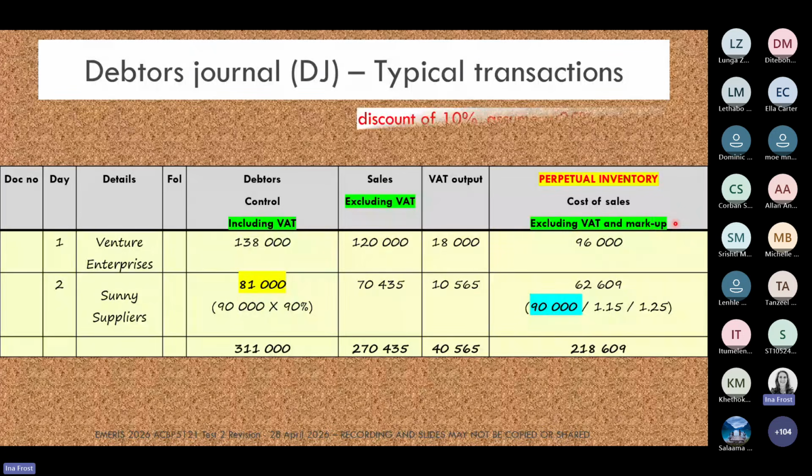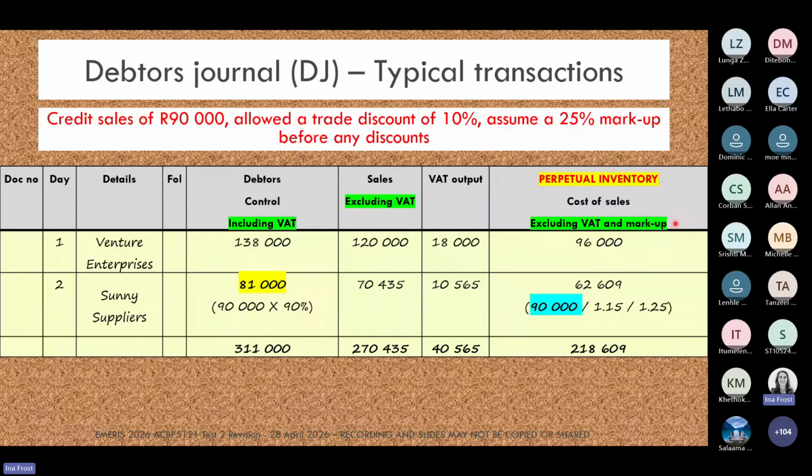The only one that I want to just draw your attention to is this entry number 2. In entry number 2, we made credit sales of 90,000 rands and we provided a trade discount of 10%. When we either have a sale or a purchase and there is a trade discount, we always record the price at the amount minus that trade discount.